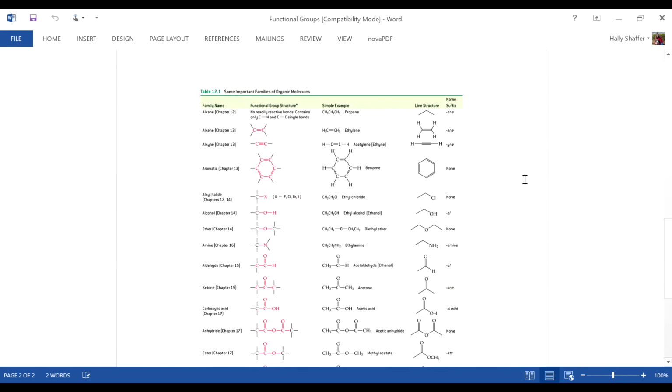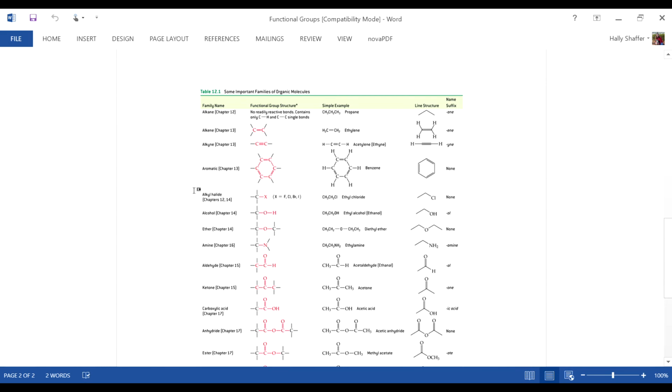Whereas this one shows alkane at the top, alkene, alkyne, and then it actually shows the aromatic, including some double bond options. The aromatic looks kind of funky, but it has all the appropriate hydrogens. That's actually benzene, if you've heard of benzene. It's common in organic chemistry.